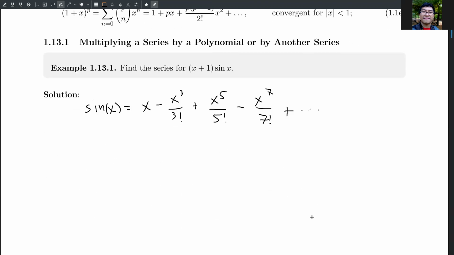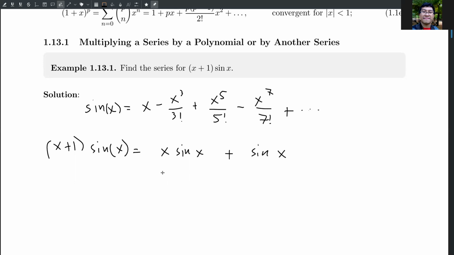Now, if you multiply this with x plus 1, this becomes 1 times this plus that term again times x. Let me be clear about what I'm writing: x times sine of x plus sine of x.